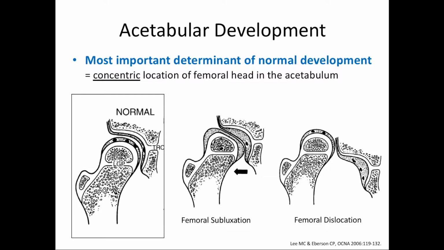In the far right, the situation is even more dire. Here, the femoral head is dislocated completely, and you can see that the appositional growth of the acetabular cartilage is slowly obliterating the socket altogether. This underscores the importance of concentric location of the femoral head in the acetabulum early in life.